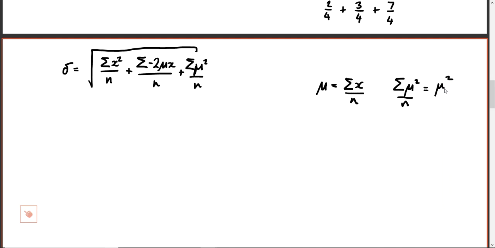So where can I replace a mu with this? So it says substitute them in. So I'm going to do this mu, I'm going to replace with this. Make sense? All right. And then I'm going to replace this whole thing with this one. All right.